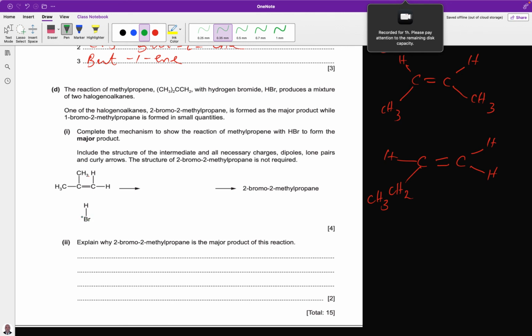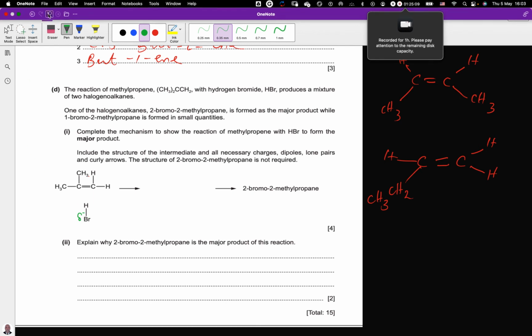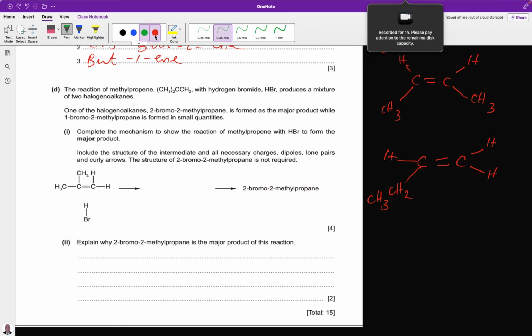Because of electronegativity, bromine is partial negative and hydrogen is partial positive.